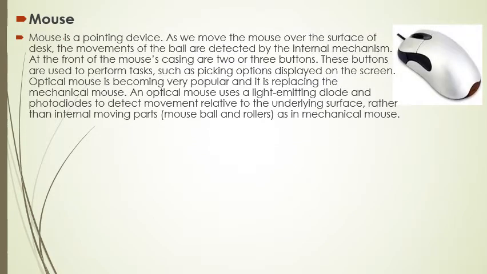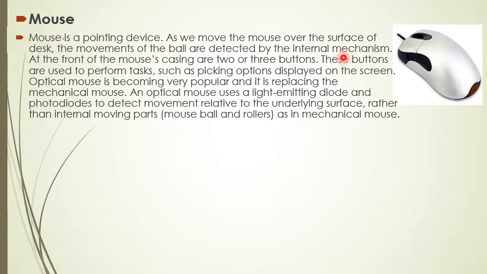Among pointing devices, the first one, which is mostly used, is the mouse. So let's discuss the pointing device, mouse. As we move the mouse over the surface, the movement of the ball is detected by the internal mechanism. We have two types of mouse: one is a mechanical mouse, another is a laser mouse.